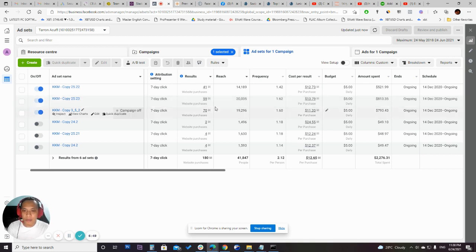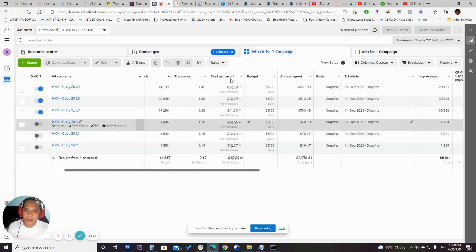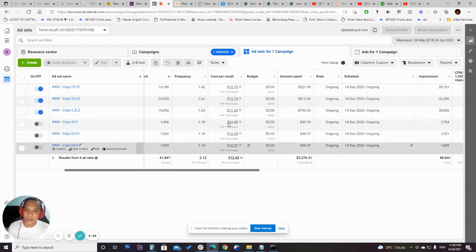Oh wait, before I create a CBO campaign, I need to see a cost per result of less than $12.